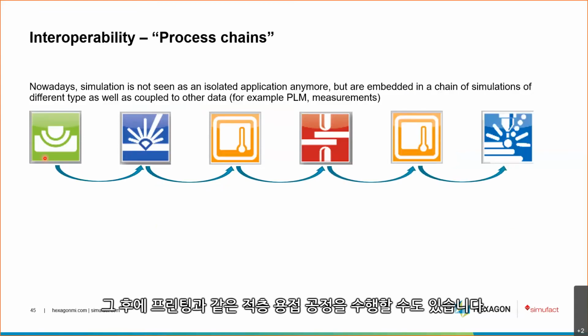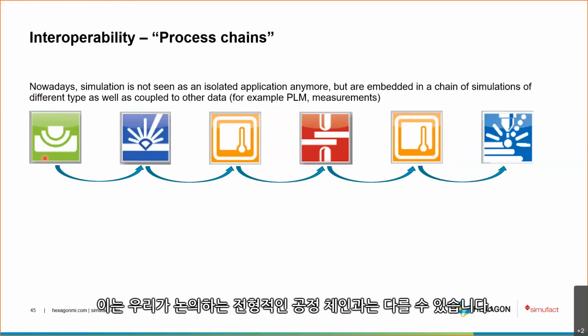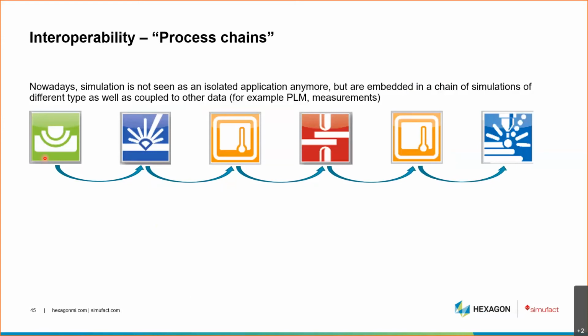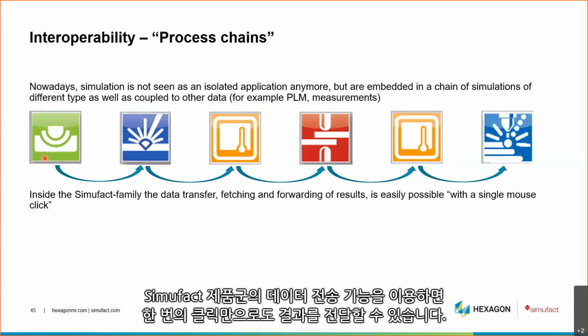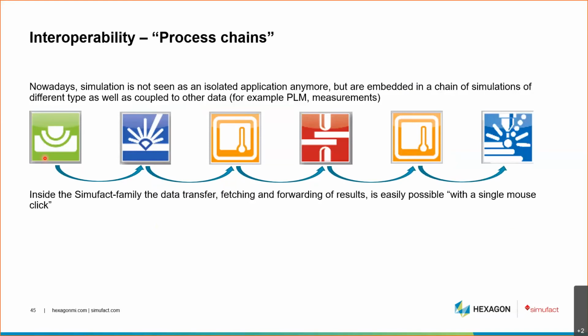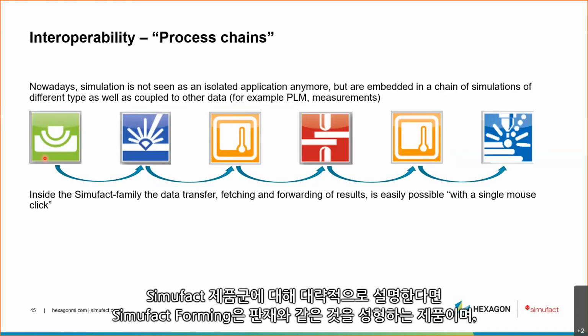And then maybe I would like to print something on them, so I do a deposition welding process, maybe local reinforcement or something like this. So this might be a typical process chain we are talking about. And inside the Simufact family, the data transfer, fetching and forwarding of results are basically possible with a single mouse click.